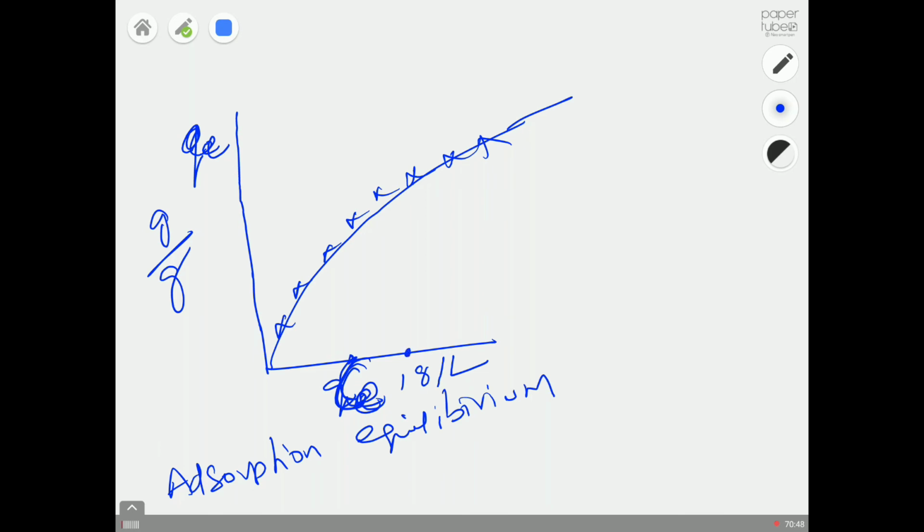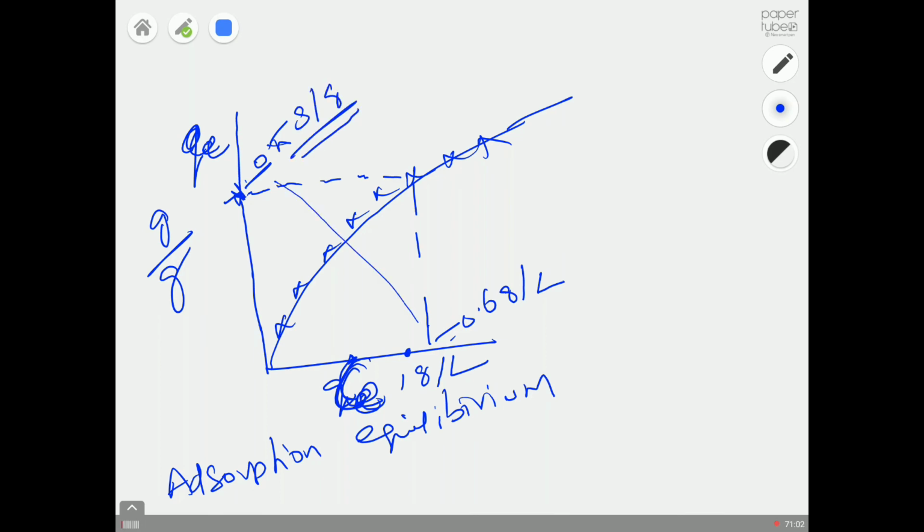If your CE is, say, 0.6 grams per liter, this is in equilibrium with your solid, say 0.5 grams per gram. So these two values are in equilibrium with each other, and you have a relation something like that.